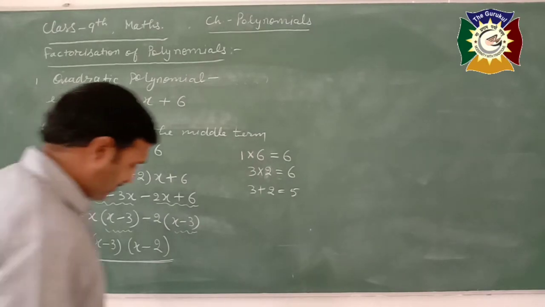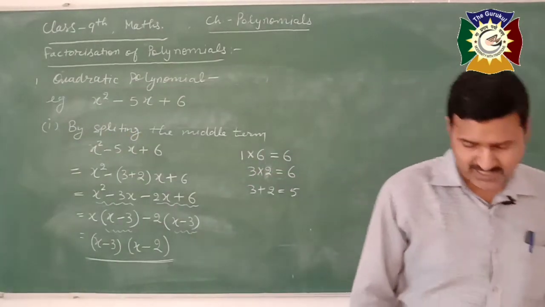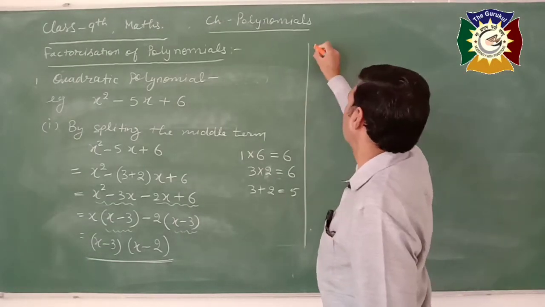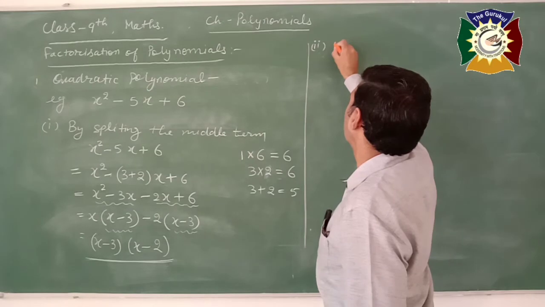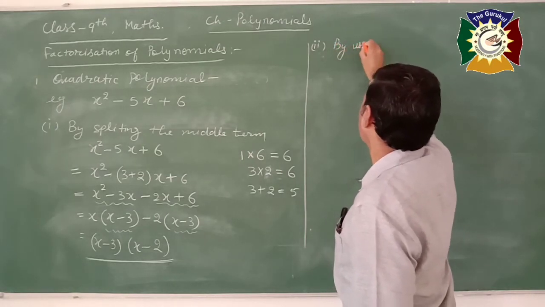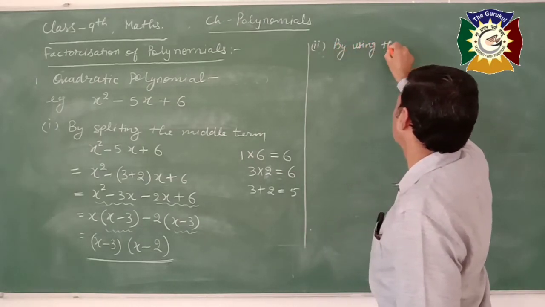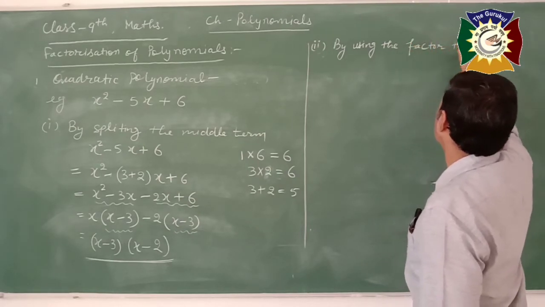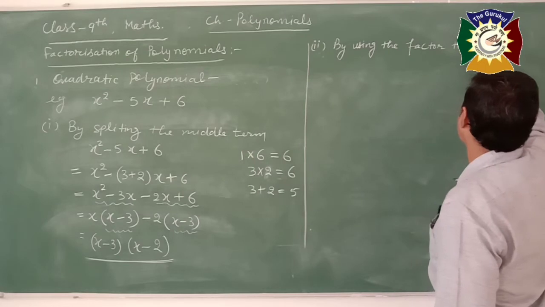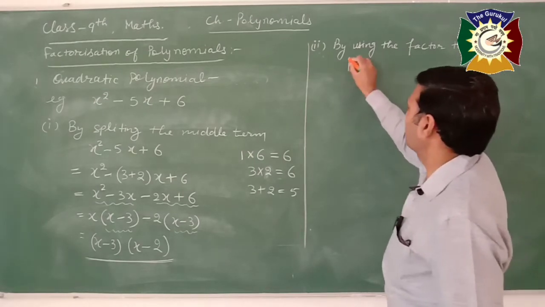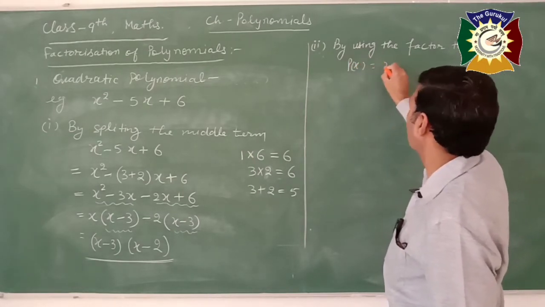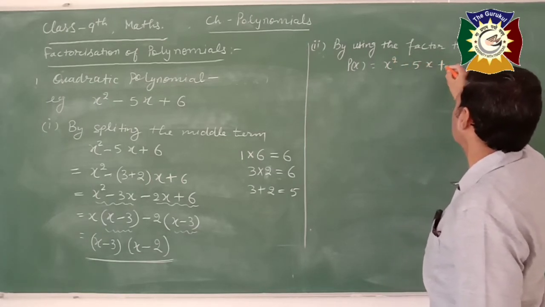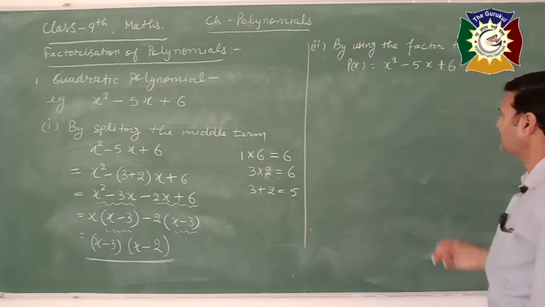Now, by using the factor theorem, how will we factorize? Second case, by using the factor theorem. Take the given polynomial. For the same example, we will use the factor theorem.